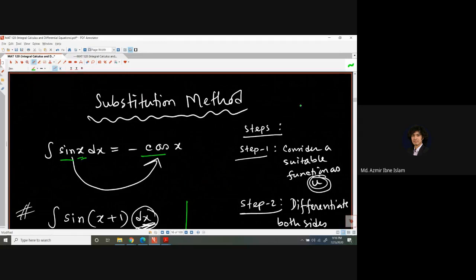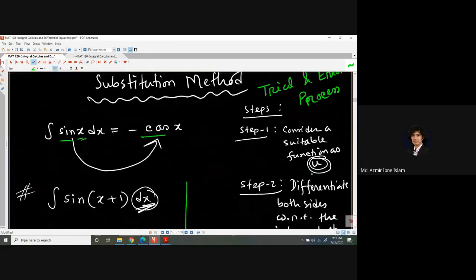Okay, so we will follow all these steps, but remember, the substitution method is one kind of trial and error process. Why am I saying it is a trial and error process? Because whatever function we have considered should be suitable.